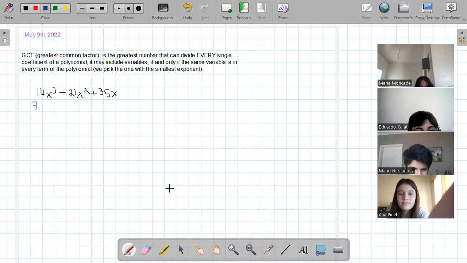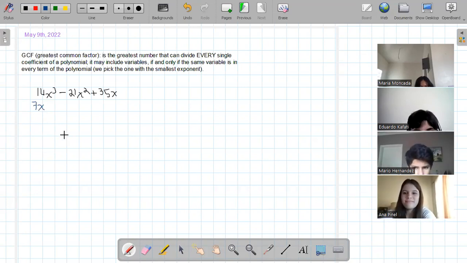Is there a variable that's repeated in every single term? It is x, and I'm going to pick the one with the smallest exponent. So we got cube, square, and invisible 1. The variable x that has the invisible 1. So I'm going to say 7x. That is my GCF, okay?